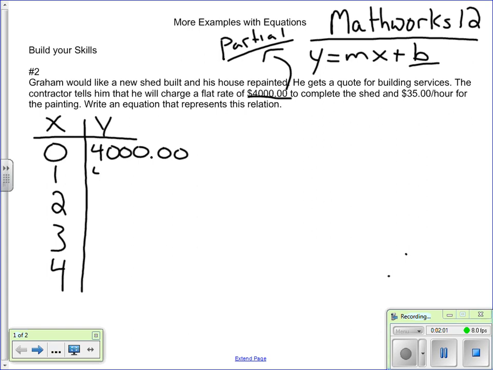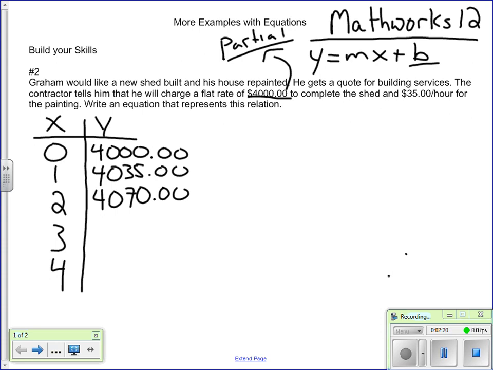At 1 hour, the price will be $4,035. After 2 hours, the price will be $4,070.